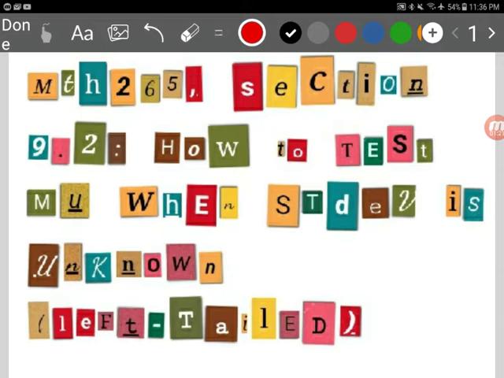When we see H1 is less than the null hypothesis, we know it is a left tail. We also know that it is a right tail when the H1 is greater than H0, and it is a two tail when H1 does not equal H0. Very, very easy.